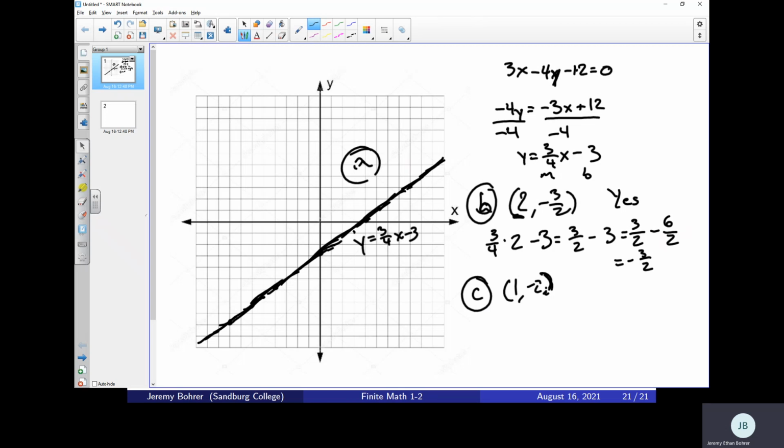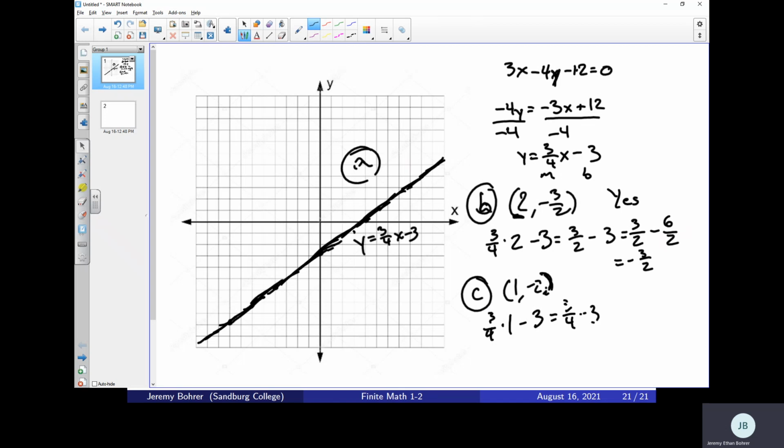Now we do the same thing with 1: 3/4 times 1 minus 3, since it should have been minus 3, not minus 2. That is equal to 3/4 minus 3.